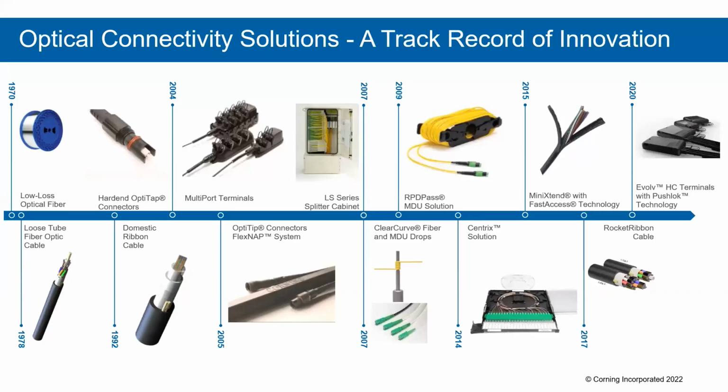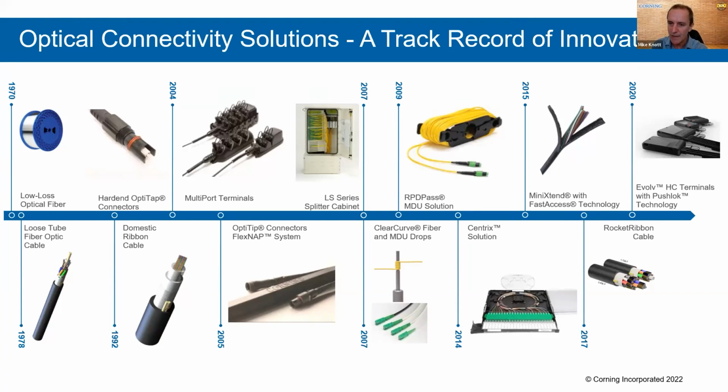So in terms of optical connectivity, again, a track record of innovation. From 1970, when Corning actually provided the first low-loss fibre, innovations in cable, and particularly in later years as fibre has gone deeper and deeper into the network, and particularly into fibre to the home networks, the innovation is around the connectivity rather than the fibre.